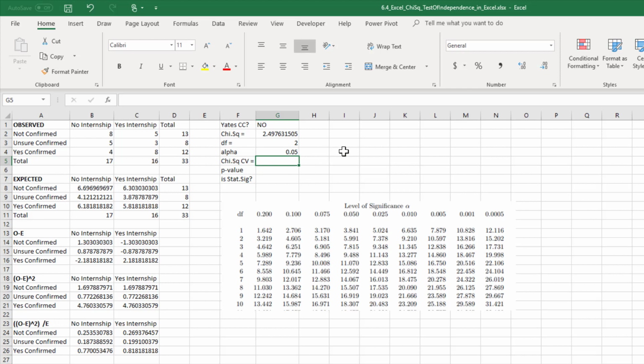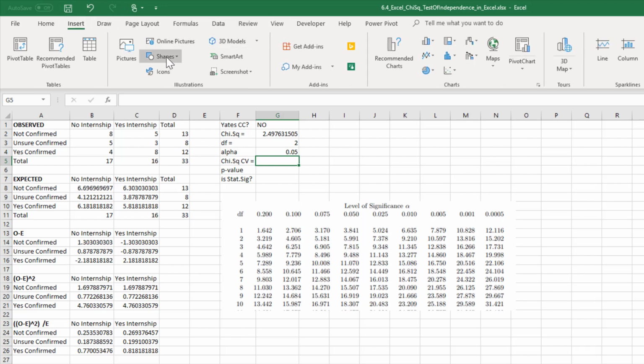And now let's find our chi-square critical value. What is it that we need to pair against? We're looking at the level of significance critical value chart in the 0.05 column when degrees of freedom equal 2. So I'm going to put a small shape on here to help it look easier. Degrees of freedom 2. Alpha is at 0.05.